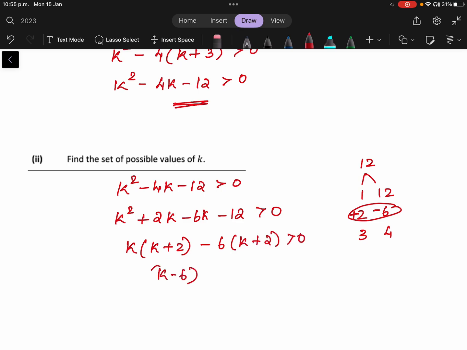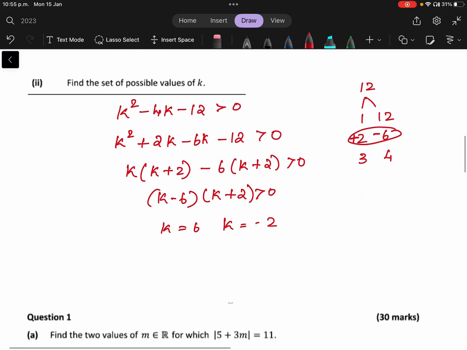So (k − 6)(k + 2) is greater than 0, and then k is equal to 6, k is equal to minus 2. So find the roots of this. When you are doing such questions, you should not write greater than 0 here, but rather write equal to 0 here, because that is how we find the values.